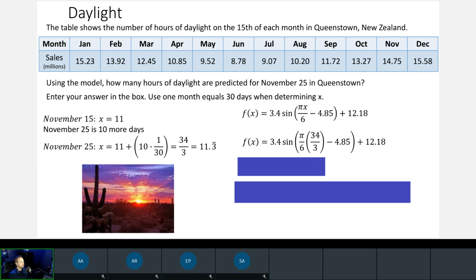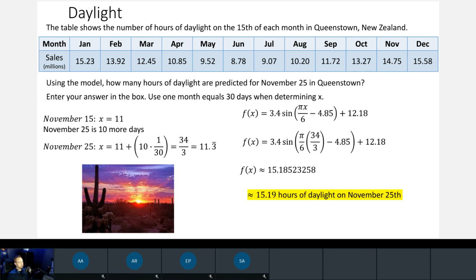I know it's a lot to type in. Partly, I just want to see if I did it right when I worked this out. 15.19. Let's see if I got the same thing. Yep. I wrote out quite a bit and then rounded to 15.19. Did anybody type in 11.3 to see if you get the same answer?